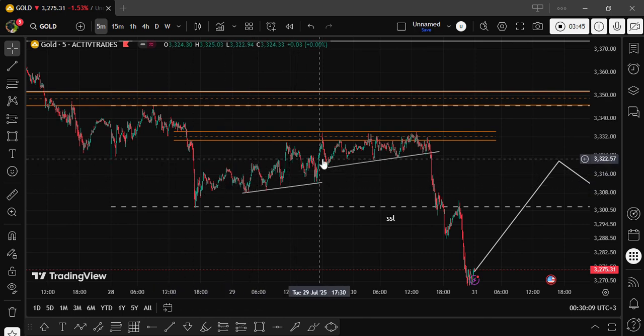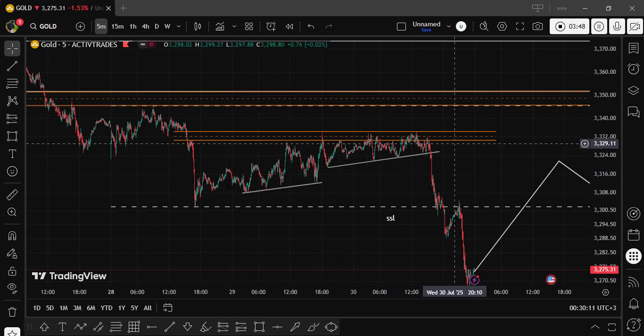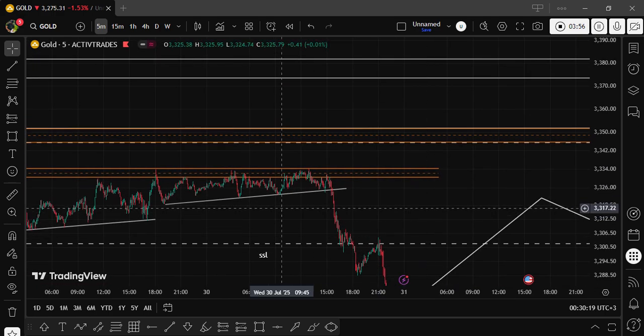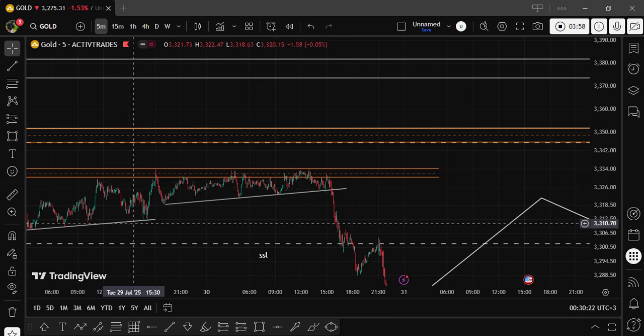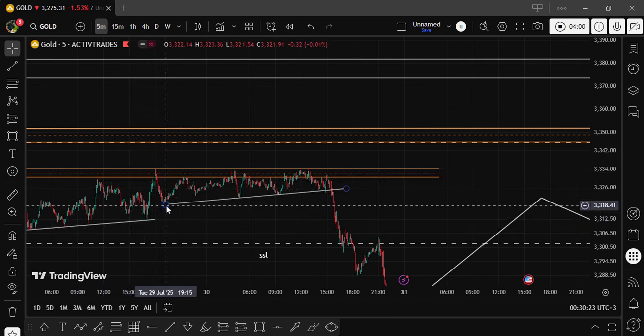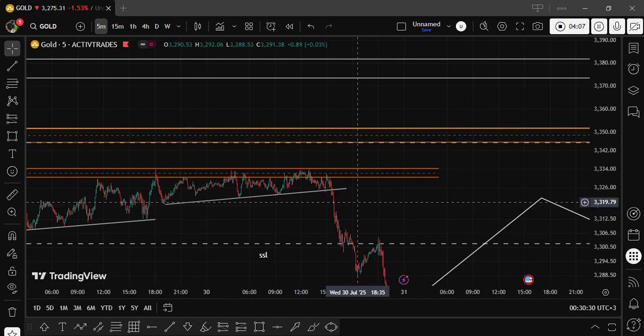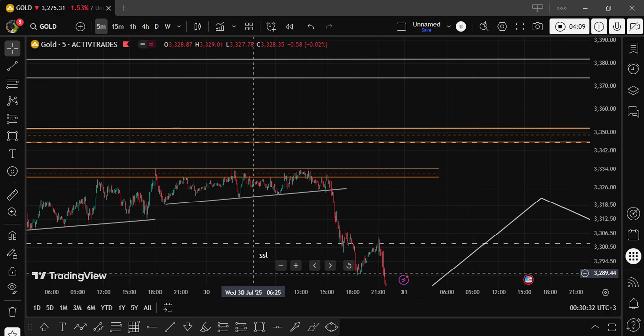So I looked at the last high that price had printed. High, low, high, low. You understand? So price broke that low, and that's where I entered from.